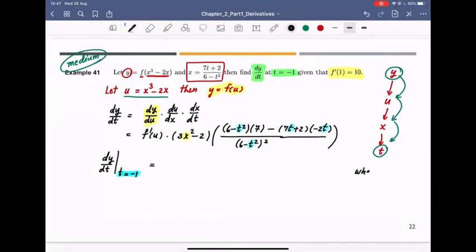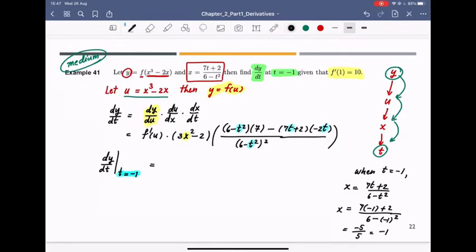So x is 7t plus 2 over 6 minus t squared, and then x is equal to 7 times minus 1 plus 2 over 6 minus negative 1 squared. You compute your x here, which is going to be negative 5 over 5, which is negative 1. So x is also equal to negative 1 as well.